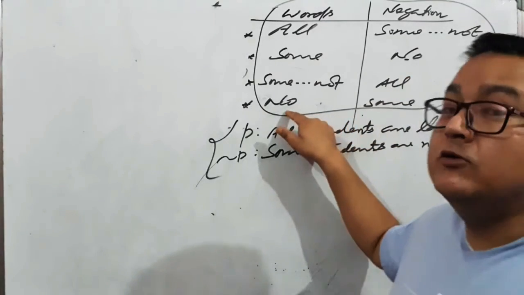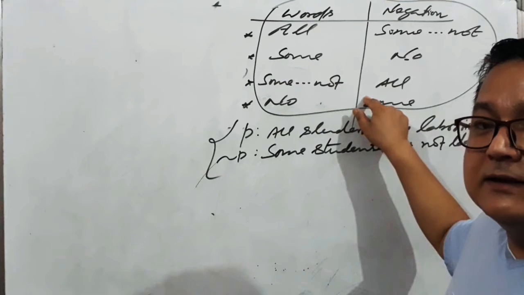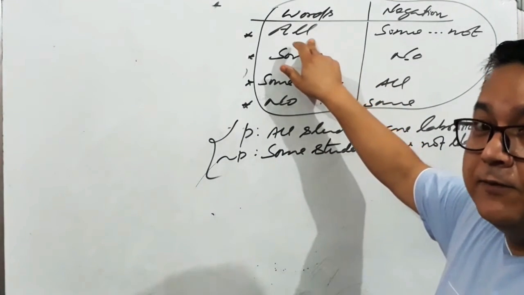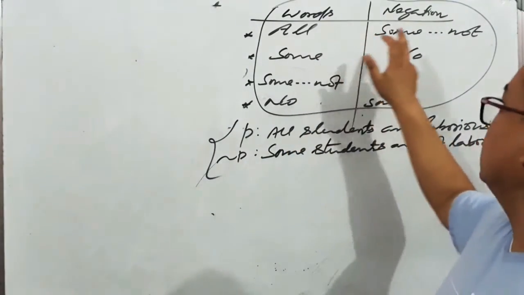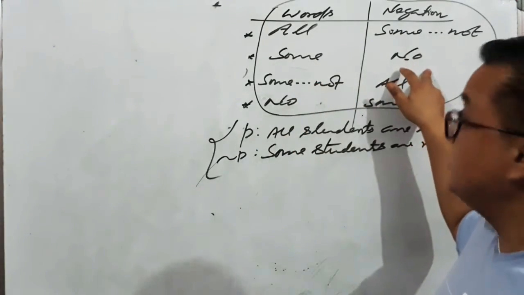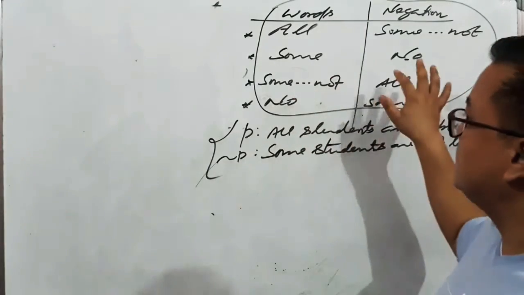If you get no student is laborious, then its negation will be some students are laborious. So if the statement is all students are laborious, you say some students are not laborious. If some students are laborious, you say no student is laborious. If some students are not laborious, then all students are laborious.